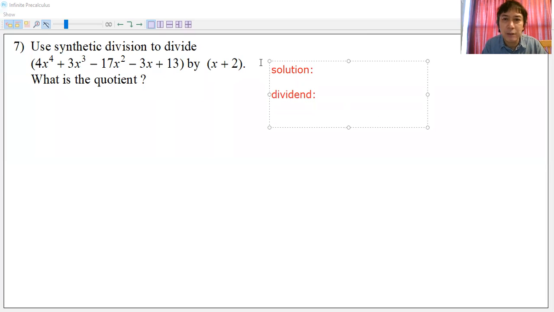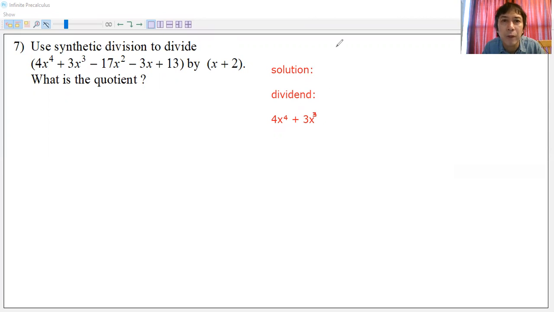The dividend is a 4th degree polynomial. So we have 4x to the 4th plus 3x cubed. So this will be 3rd degree. Let's write it right away.